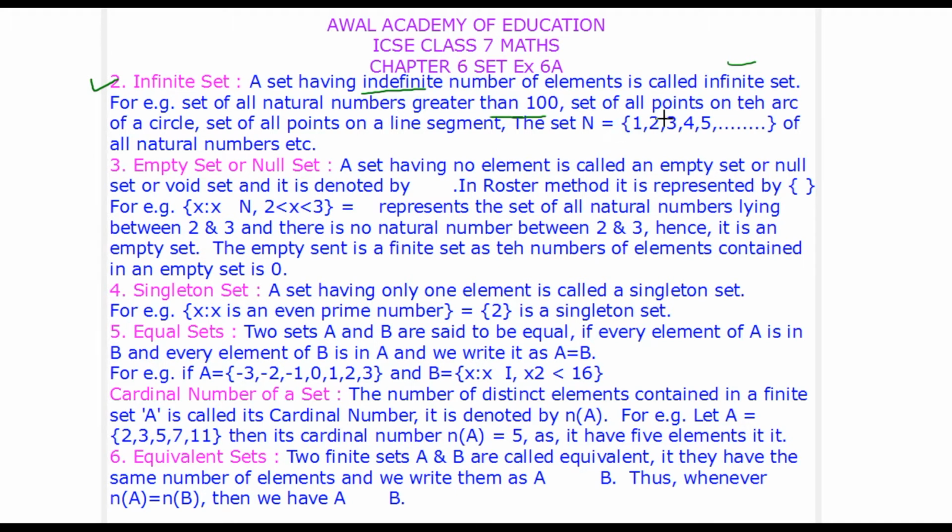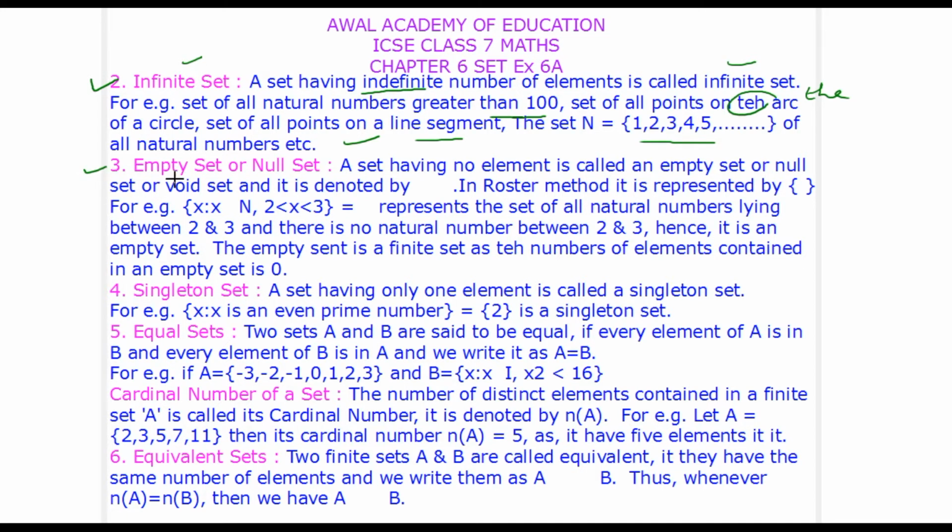The set of all points on the arc of a circle: there are many, an indefinite number of points. In the same way, the set of all points on a line segment, right? Or we can write N equal to 1, 2, 3, 4, 5, the set of all natural numbers. They are indefinite and can't be counted, so they are infinite sets.